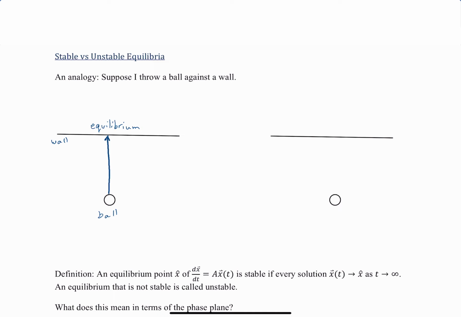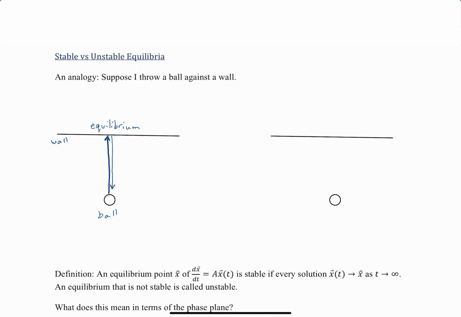Now, it's not moving. Does that mean it's not going to go anywhere? It's just going to stay there? No, because the wall exerts a force on the ball and bounces it back to me.